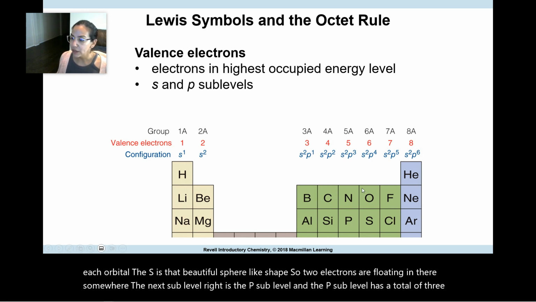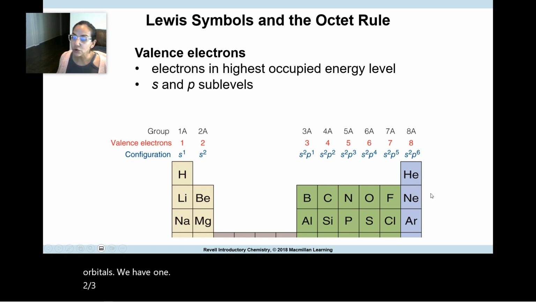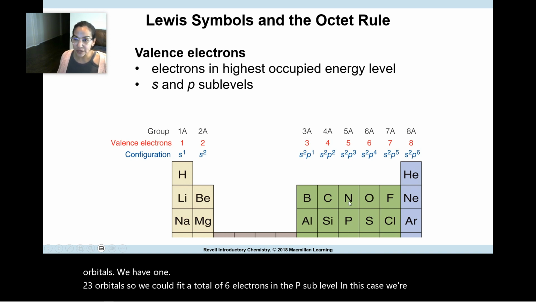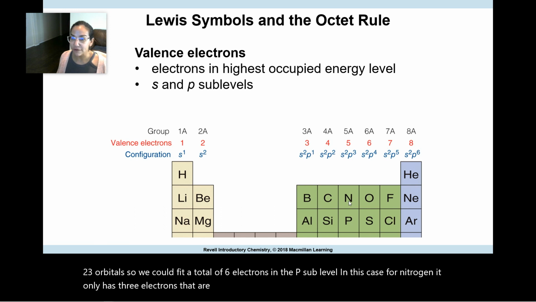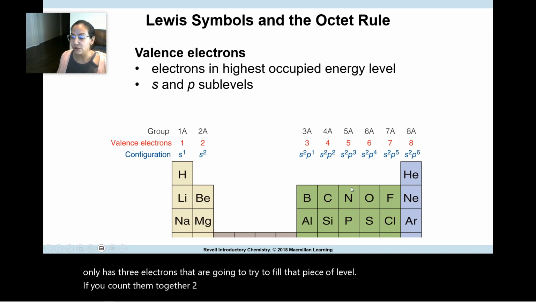We have 1, 2, 3 orbitals. So we could fit a total of 6 electrons in the P sublevel. In this case, for nitrogen, it only has 3 electrons that are going to try to fill that P sublevel. If you count them together, 2 plus 3 is equal to 5.